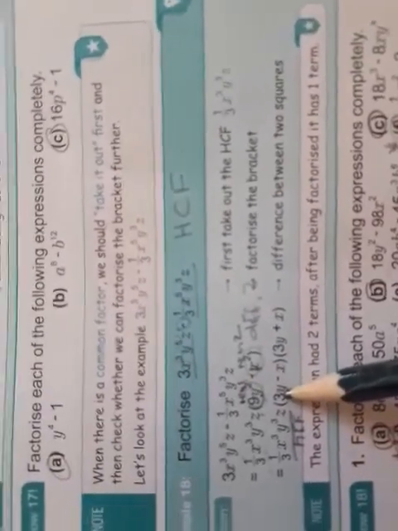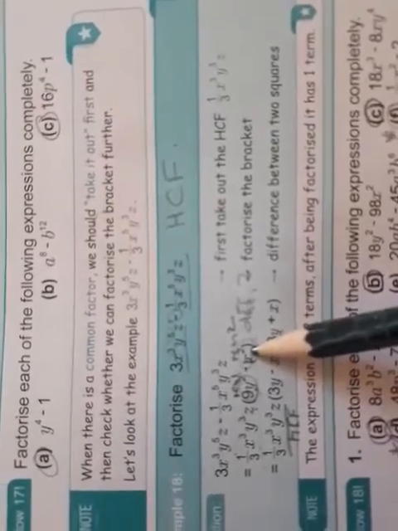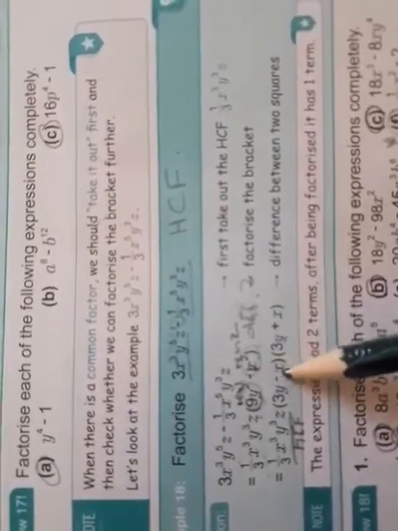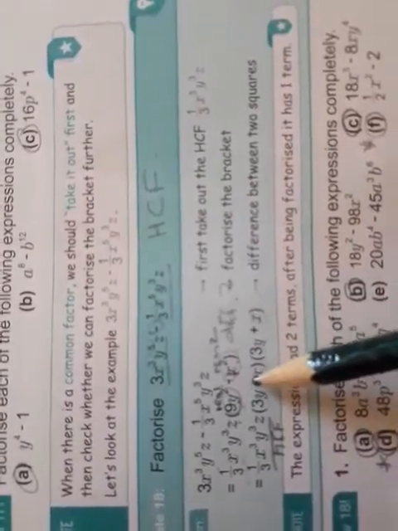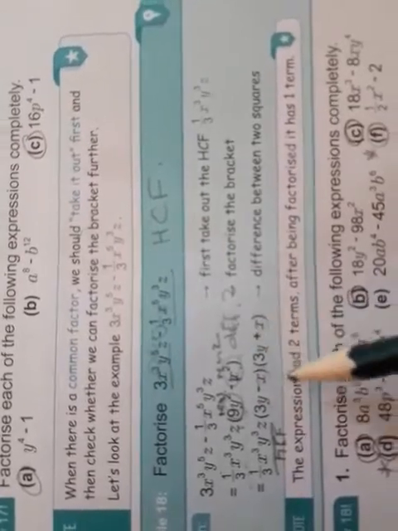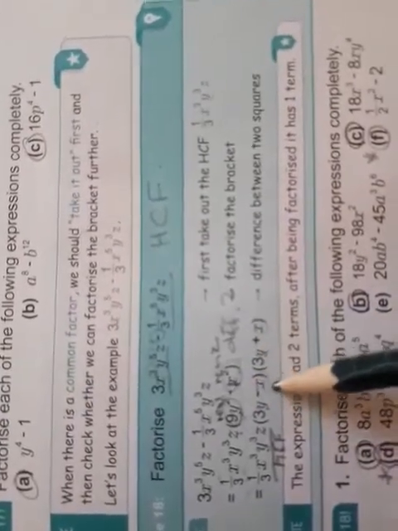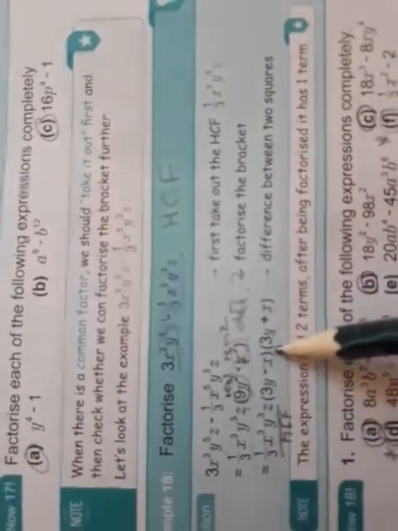That goes as first term and again as first term. And then the square root of x squared is x, so that goes as second term and as second term. And then one bracket is a plus, this one is a minus, that one is a plus. It doesn't matter which way it is around, people. As long as one bracket is positive and one bracket is negative, then you are right.